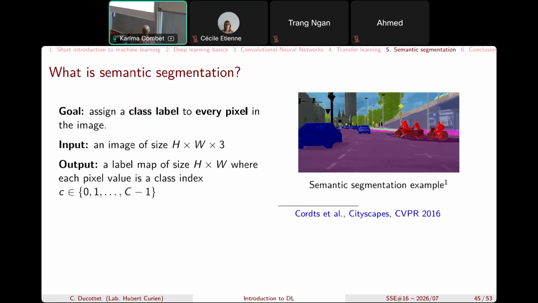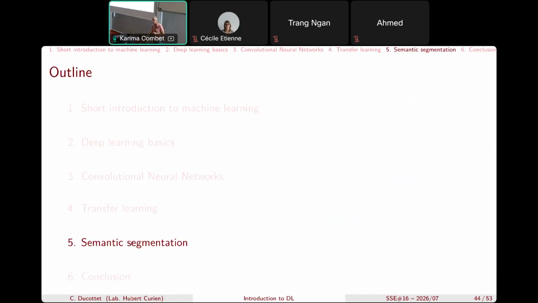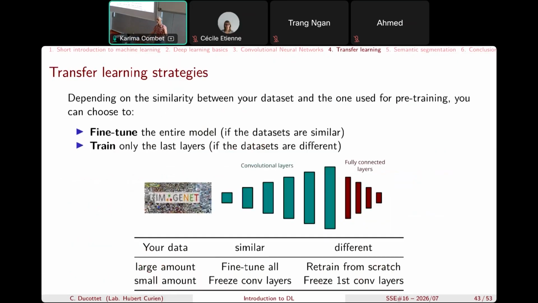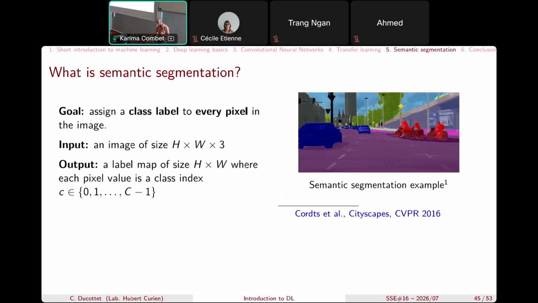Okay. So in fact, till now we have considered a simple problem where we want to infer a single value, which is a class. But in some problems, as Carol said, we want to predict one value per pixel. For example, in semantic segmentation, suppose that you want to understand what is on the road.